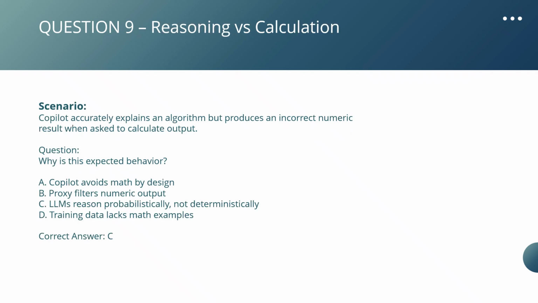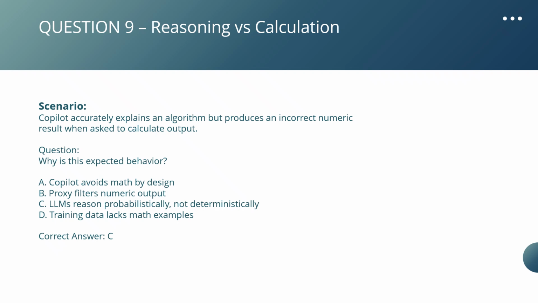Question 9. Reasoning versus calculation. Scenario. Copilot accurately explains an algorithm but produces an incorrect numeric result when asked to calculate output. Question. Why is this expected behavior? A. Copilot avoids math by design. B. Proxy filters numeric output.